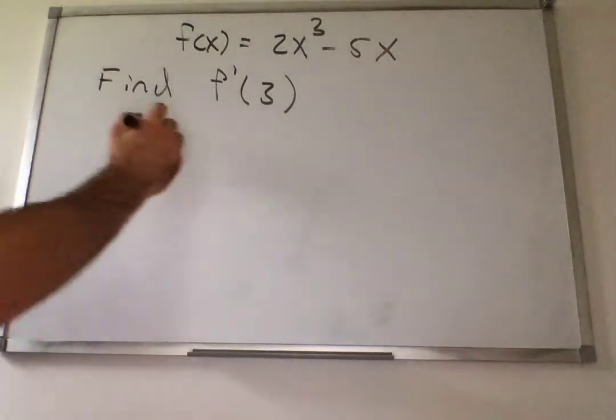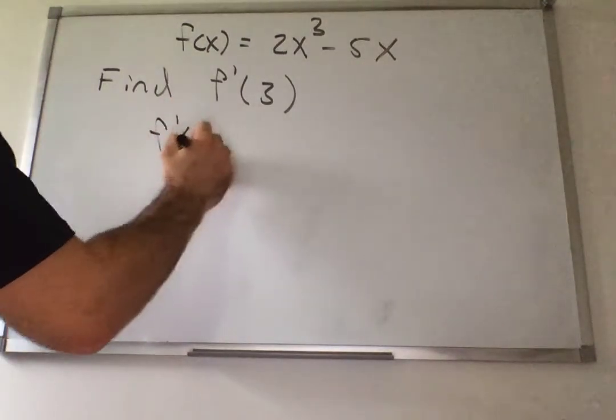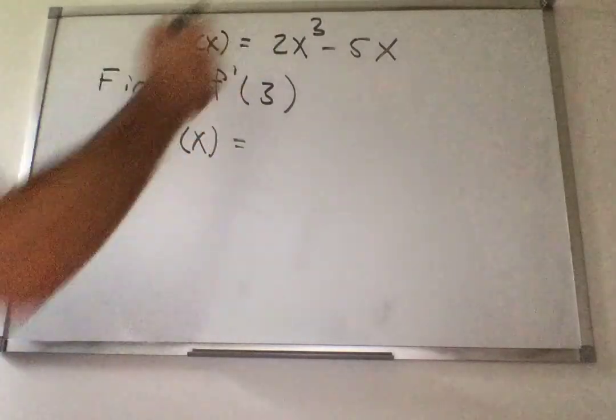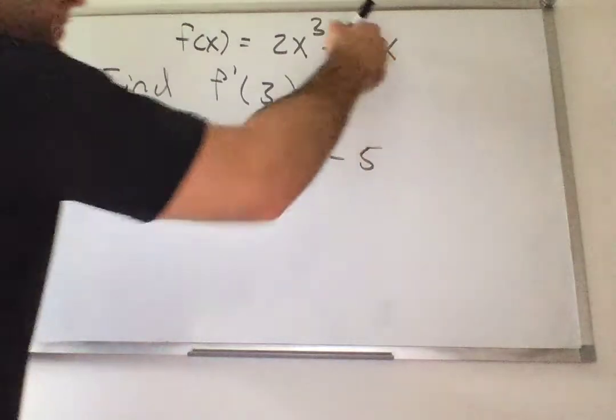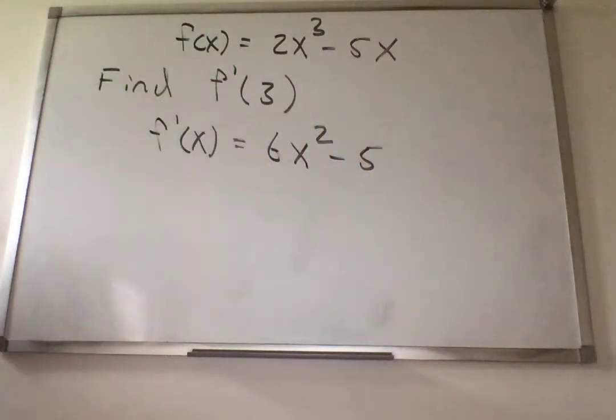Alright, well the first thing we need is the derivative. f prime of x is equal to, that's a power rule, so we get 6x squared minus, and that's a power rule, we just get minus 5.